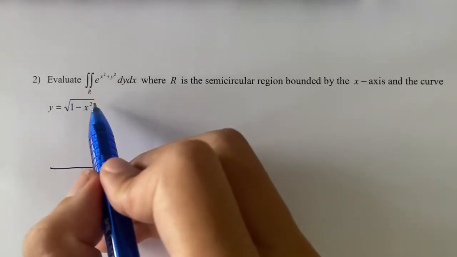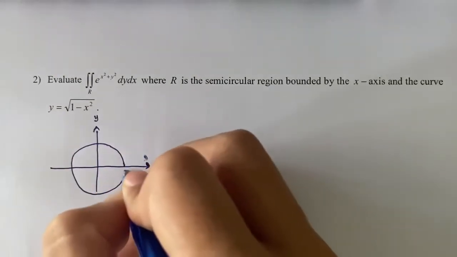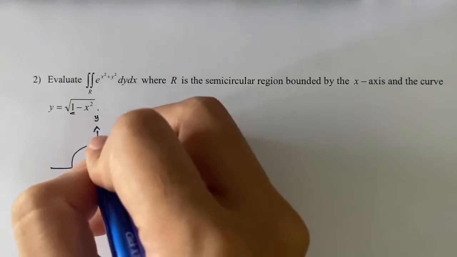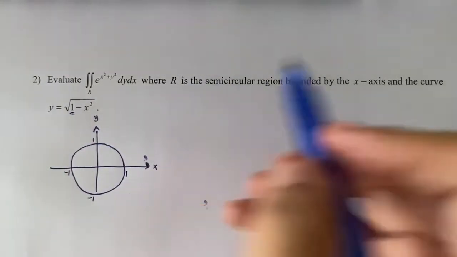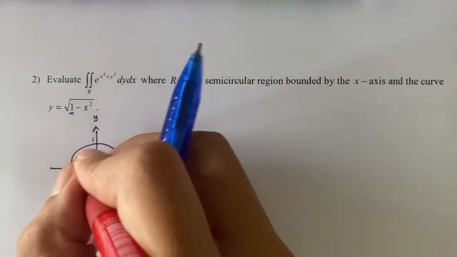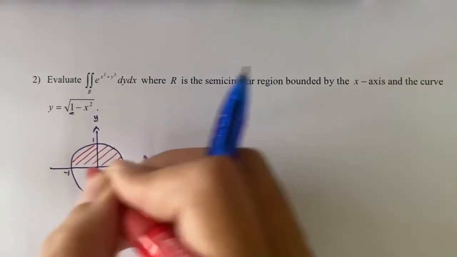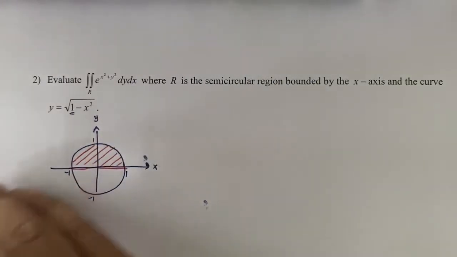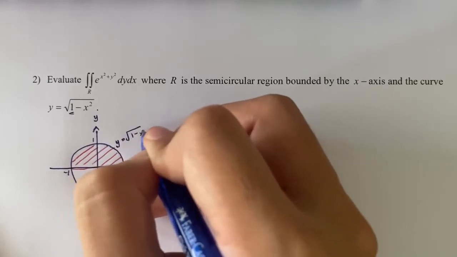And you know this is a circle with radius 1. So this is 1, minus 1. And then it states here that R is the semicircular region, meaning that you have a semicircular region bounded by the x-axis. This is your x-axis. And this is your curve where y equals the positive square root of 1 minus x squared.